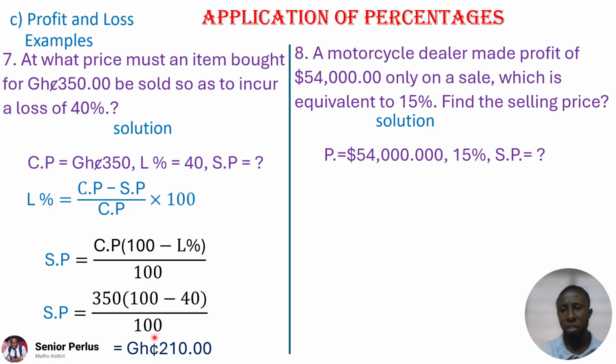So the profit is 15% times the sales. That's my profit now, because the person makes a profit on this, which is equivalent to this. So you should find the selling price.